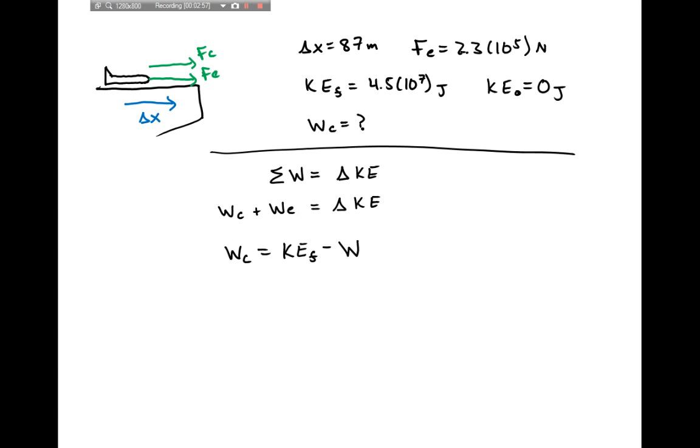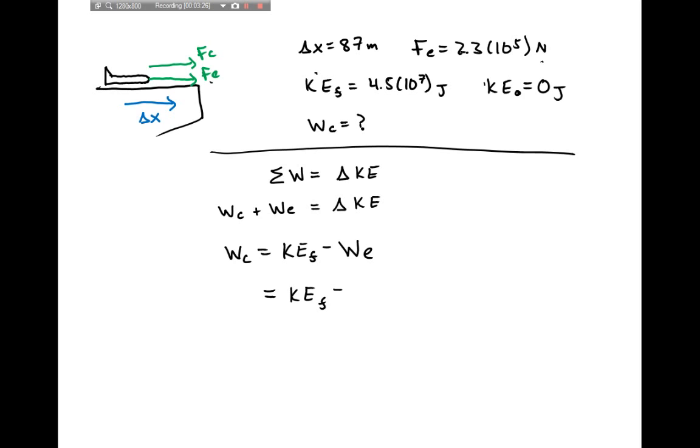And the work that's done by the engine, we have to use the formula for work to calculate this because we weren't given the work that's done by the engine, but we're told the force that's exerted by the engine is 2.3 times 10 to the 5th newtons, and we're told the plane's going to move 87 meters down the runway. So remember, work is force times displacement, and because they point in the same direction, cosine of 0 is 1, so we don't have to worry about that.